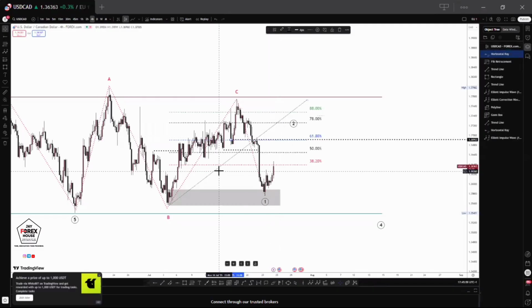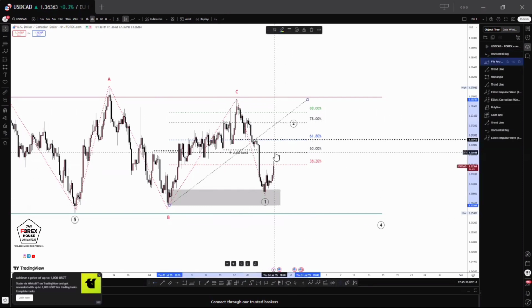So let's mark out the key level of this point. This has already been mitigated. This is another block over here, and this has been mitigated, so let me not mark that. Let me just leave it at the 61.8 Fibonacci level. So let me take this out.